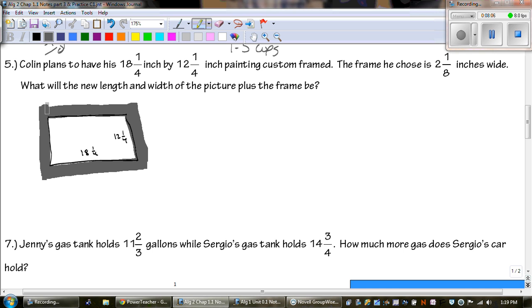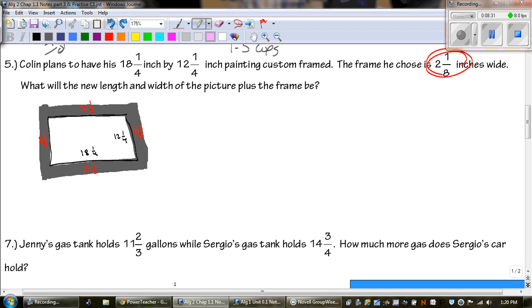Now, how big is the frame? 2 1/8. Now, it's 2 1/8 on each side, okay? So now when we're adding this up, we're adding up all the way from 2 1/8, 18 1/4.